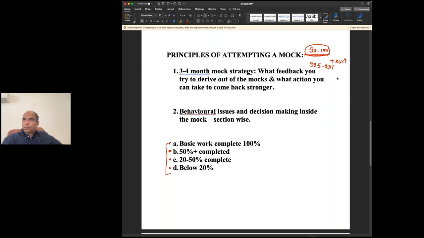And if you can score 30% above the 99 percentile level, you cross 99.9 percentile. You might be hitting close to 100, 99.96, 97, 100 is also possible, with 30% more than this.